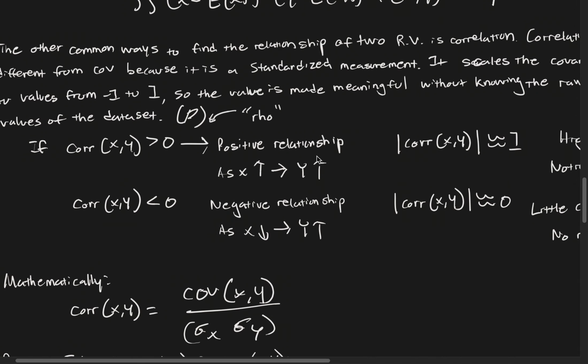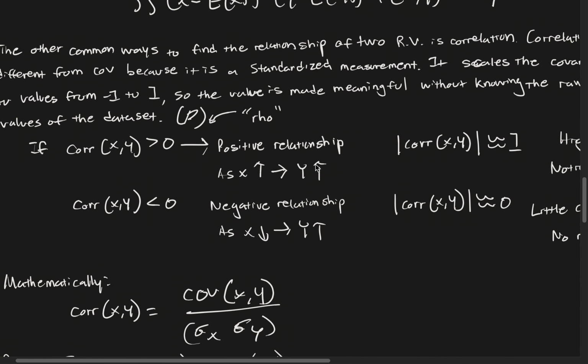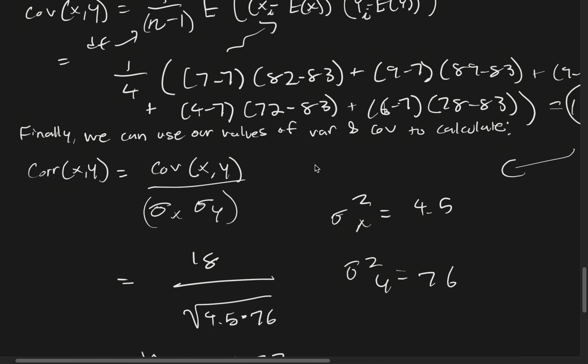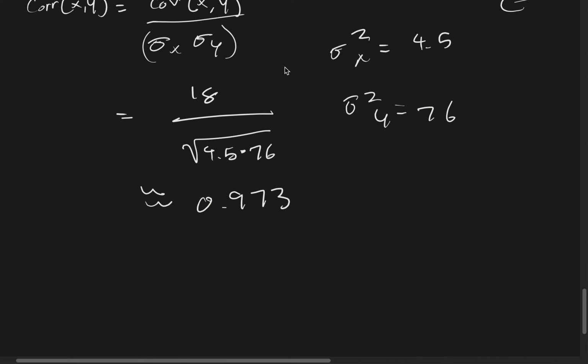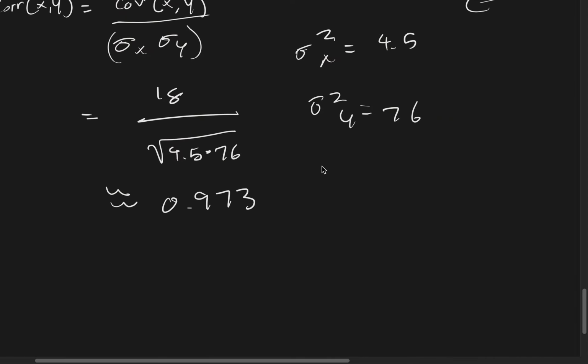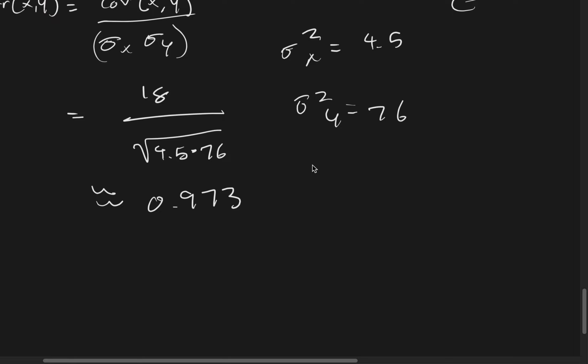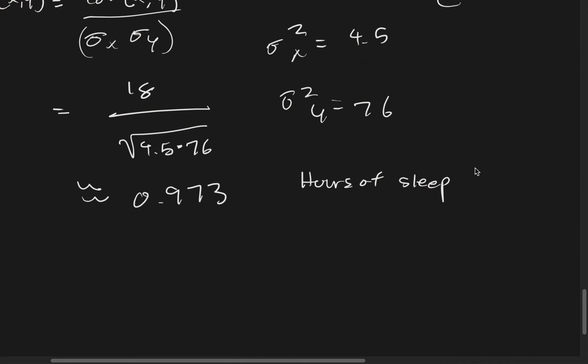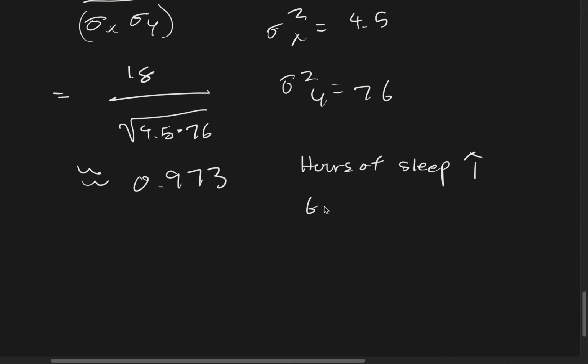And since there's a very positive relationship between x and y, it means that as the amount of hours a student sleeps goes up, chances are the grade they receive will also increase.